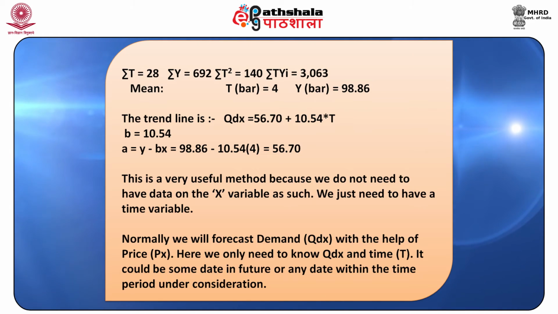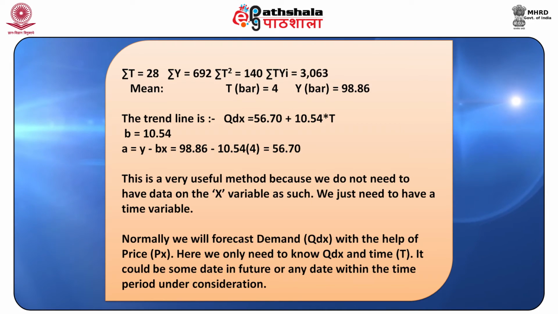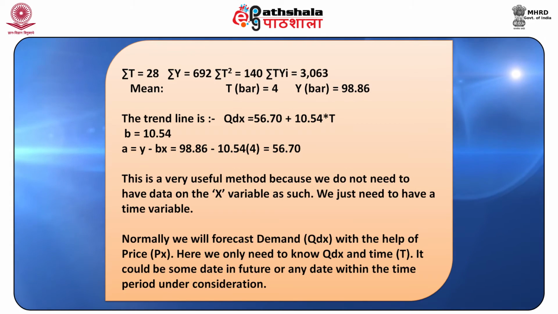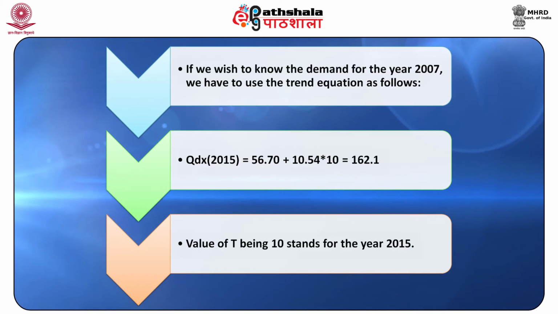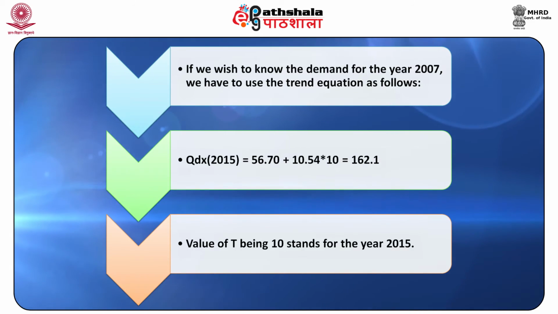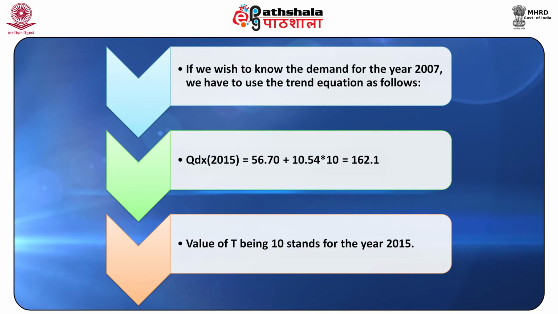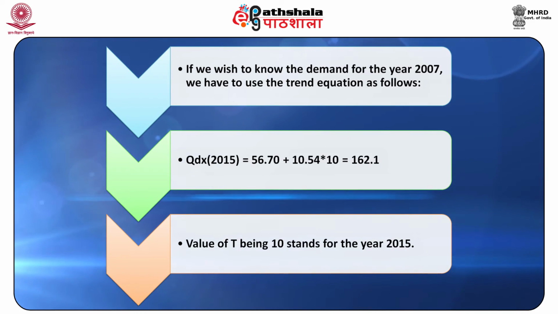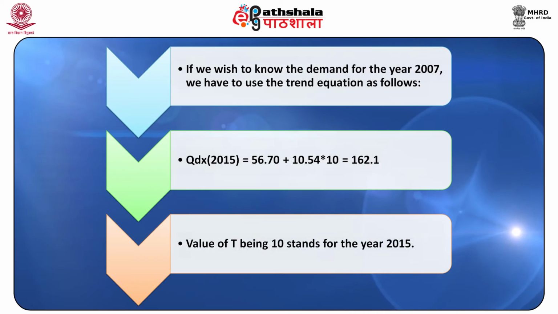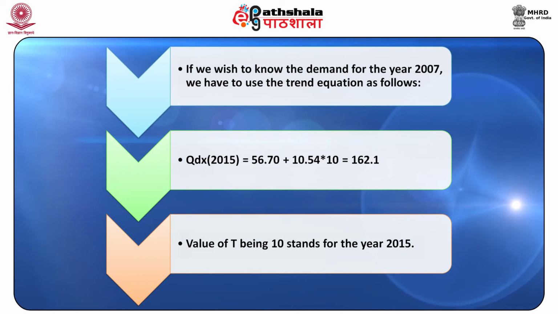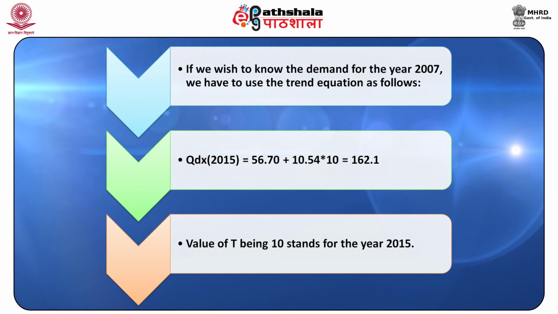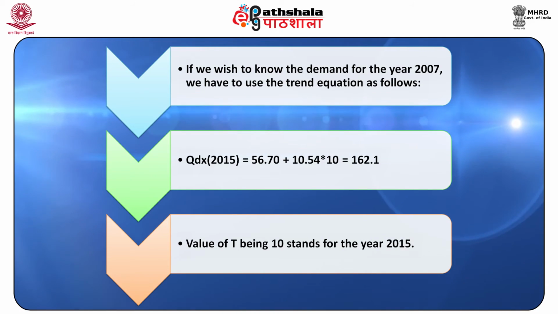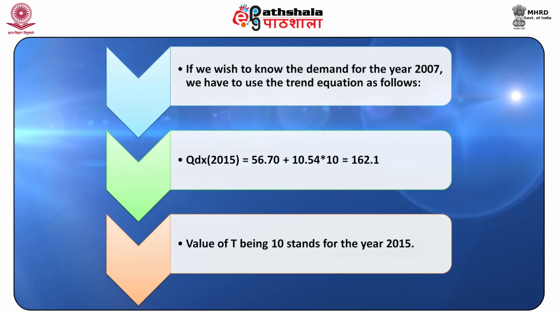It could be some date in future or any date within the time period under consideration. If we wish to know the demand for the year 2015, we have to use the trend equation as follows. QDX for 2015 is equal to 56.70 plus 10.54 into 10, which gives you the value of 162.1. Value of T being 10 stands for the year 2015.